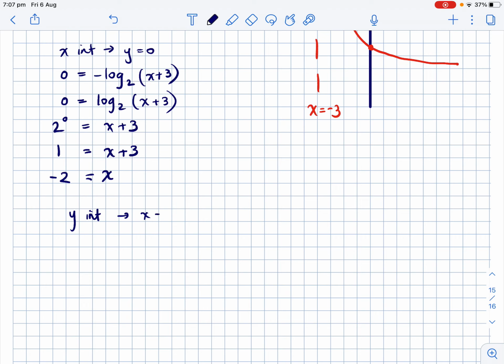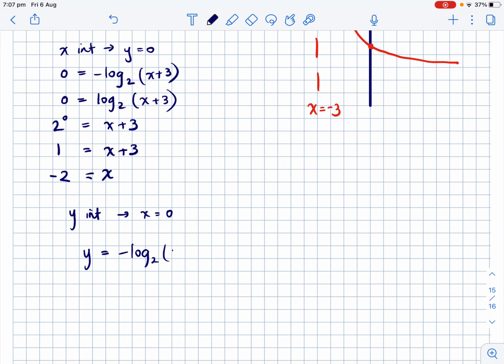My y-intercept occurs when x equals 0. So we substitute x equals 0 into the equation, which would give me y equals negative log to the base 2 of 0 plus 3. I can simplify my expression a little bit to just negative log to the base 2 of 3.